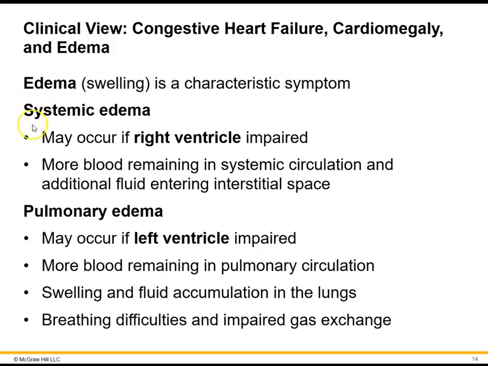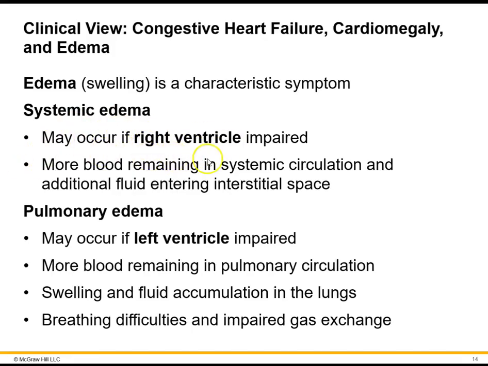With systemic edema, you're generally going to see things like an enlarged liver, a big soggy liver, swelling in the legs and the feet, sometimes swelling in the belly. That's called ascites. And generally, this is going to occur if the right ventricle fails.